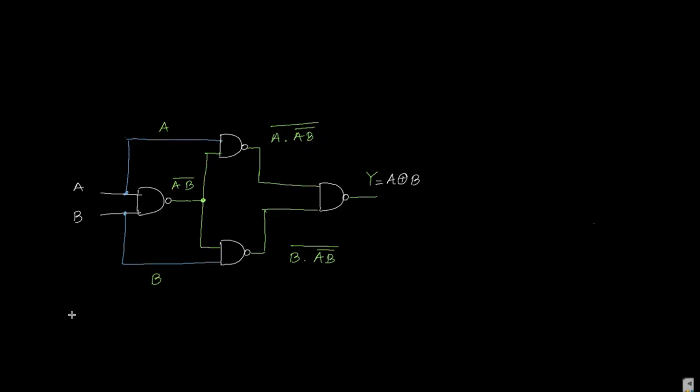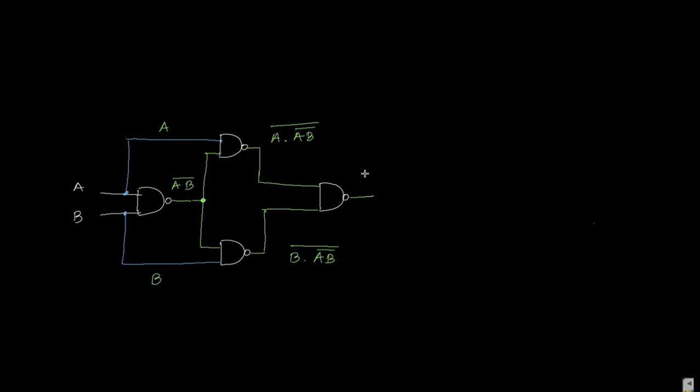Now take one CI over here, take one NAND gate over here, and we can make this somehow over here.